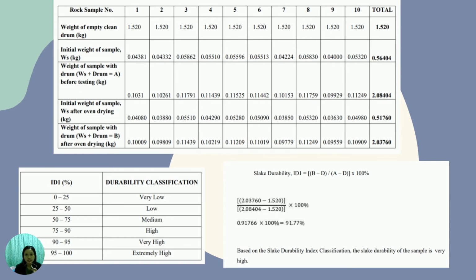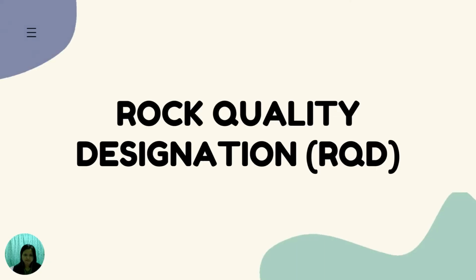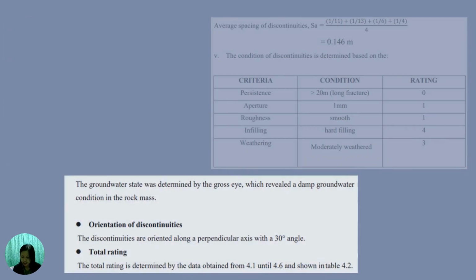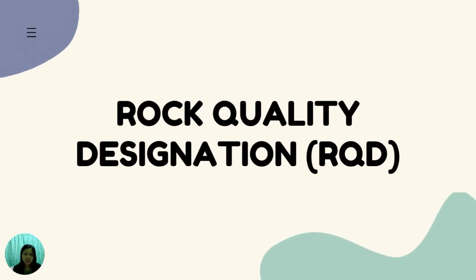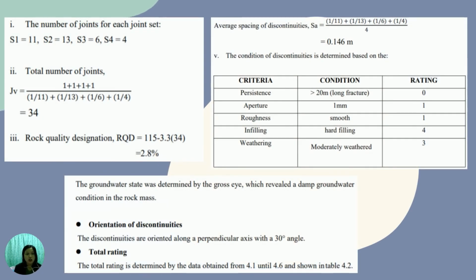Okay, so next is rock quality designation, RQD. For the number of joints for each joint set, S1 is 11, S2 is 30, S3 is 6, and then S4 is 4.